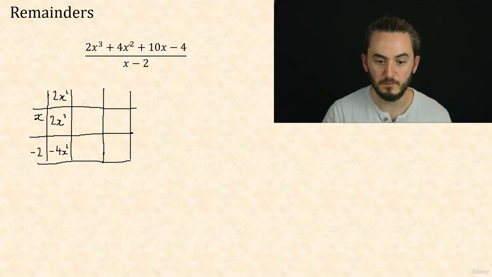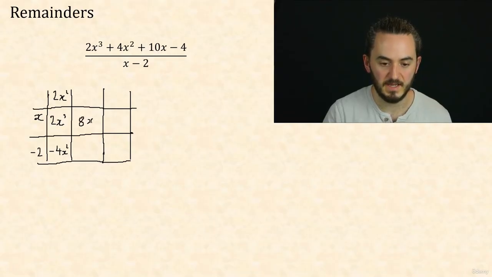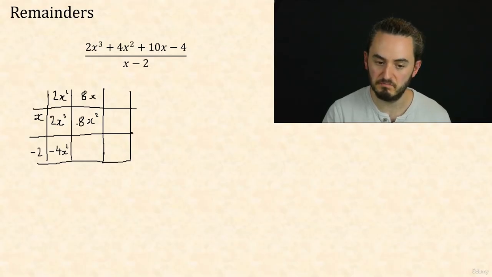Now we wanted a 4x squared and we have a minus 4x squared, so we better add 8x squared. And that means that this term up here must have been 8x, because 8x times x is 8x squared. Now 8x times minus 2 is minus 16x.